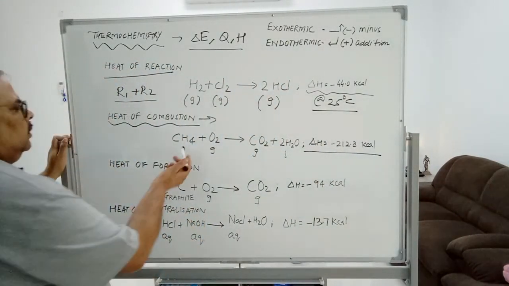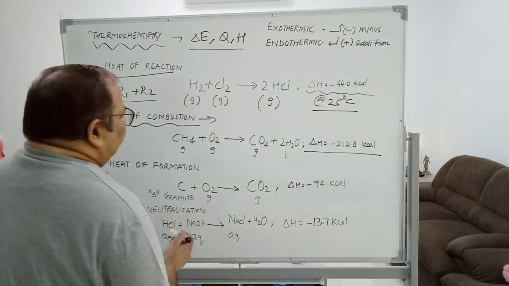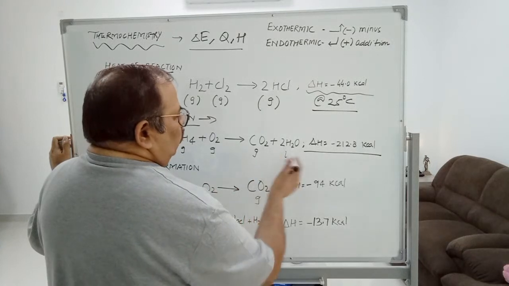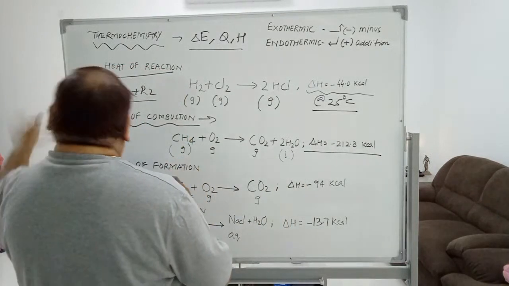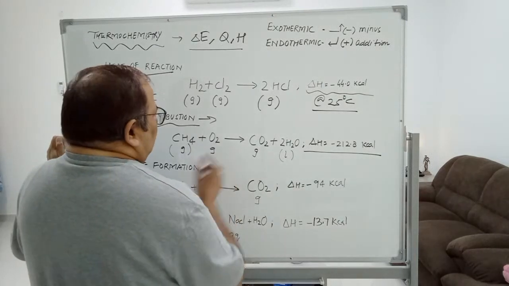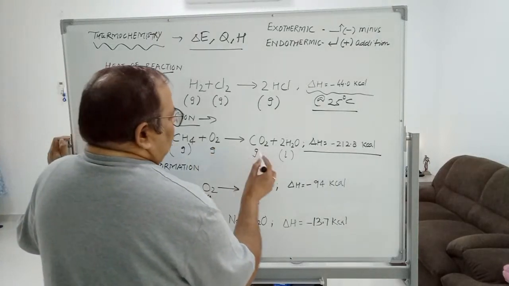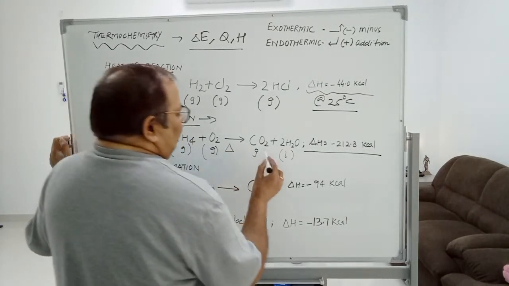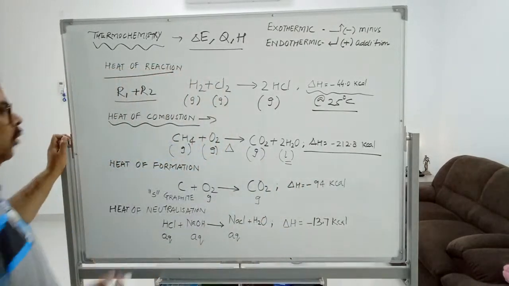Okay, let's consider one mole of methane going to react, forming CO2 and 2H2O. Here gas methane is combusted by oxygen, which you will find in the gaseous state. Combustion takes place, giving CO2 carbon dioxide gas and liquid water. Heat liberation is minus 212.8.